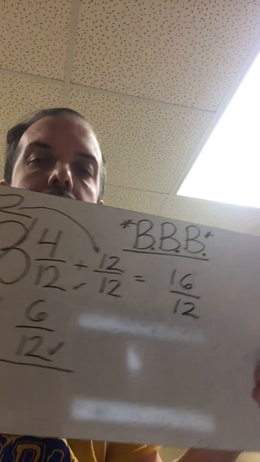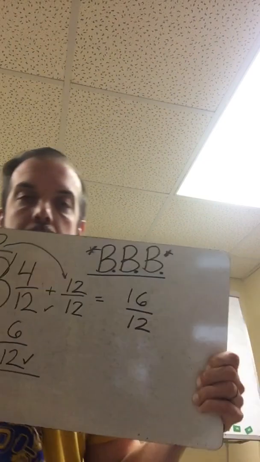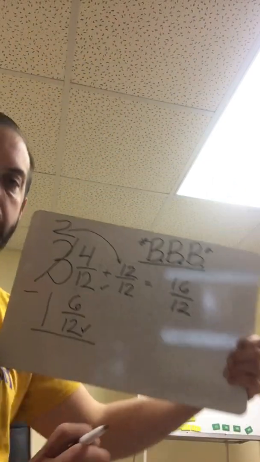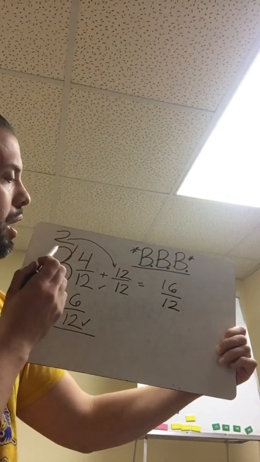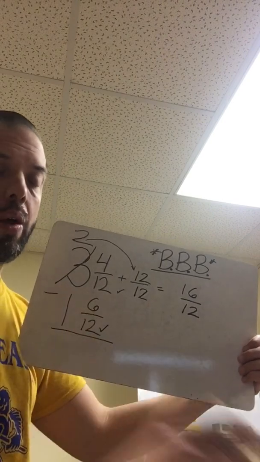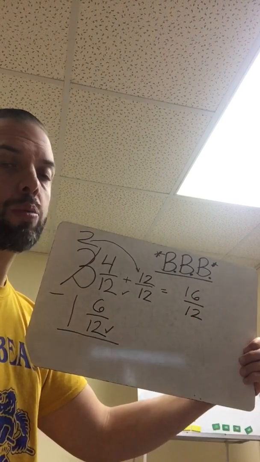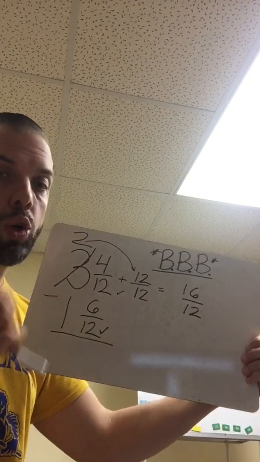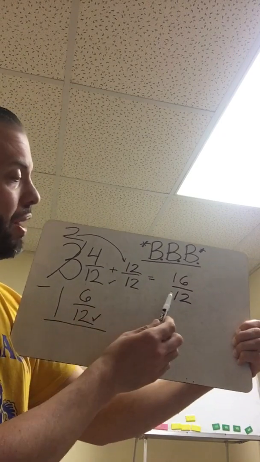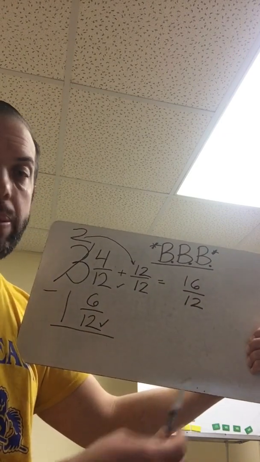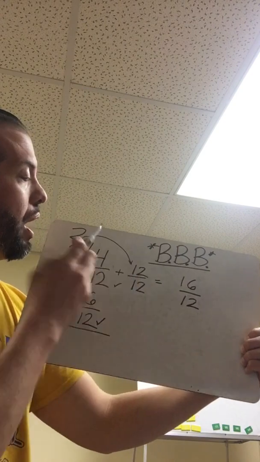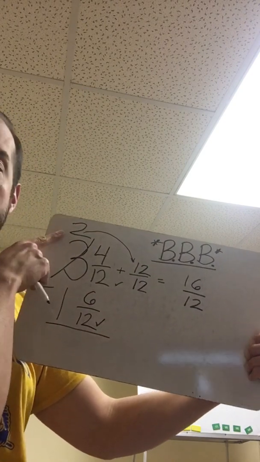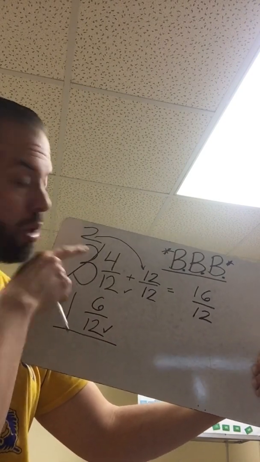Now, let me back up. I want you to be able to see the whole slate if you can. On the second page of our notes, it says we're going to subtract. Something I don't want to forget, though. Right now, I don't have anything to subtract. Remember, I'm building my number over here. I now need to bring that whole number 2, because remember, we got rid of the 3.